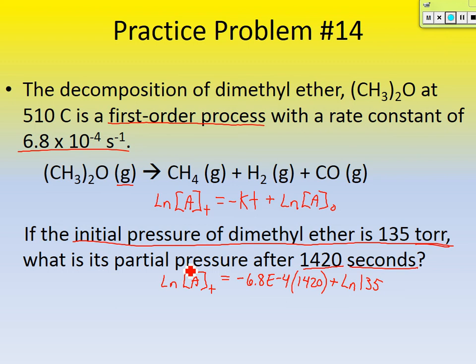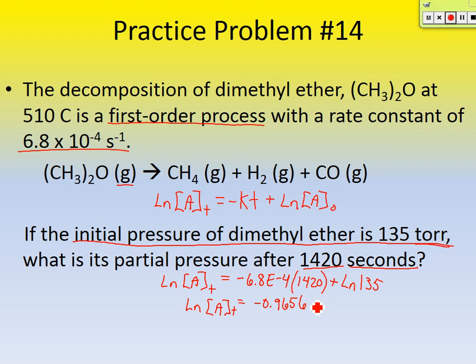We're going to be solving for this value right here. So what I would do is simplify this. The natural log of A at some time is equal to, let's multiply these two values together, minus 6.8 e to the minus 4th times 1420. Okay, and that's a negative 0.9656.